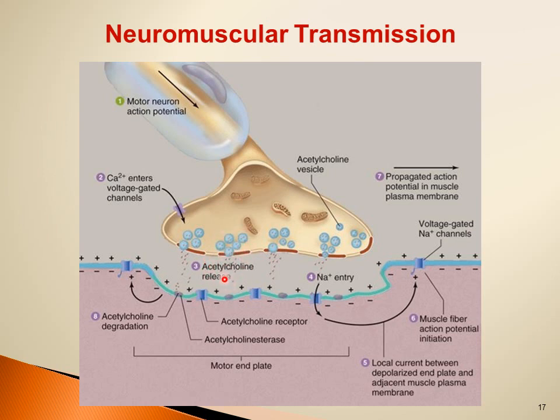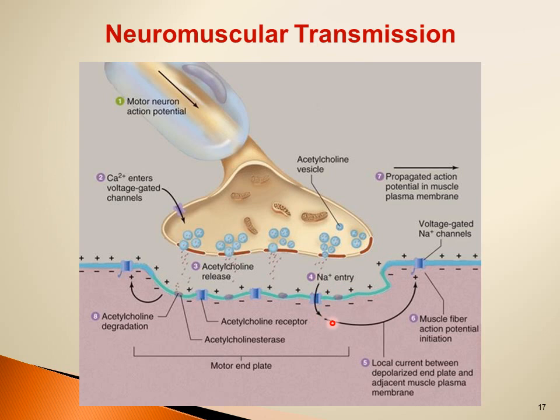The released acetylcholine will bind to the ligand-gated receptors on the postsynaptic membrane or the motor end plate, 2 acetylcholine molecules per receptor. This will open the ligand-gated ion channel, which is permeable mainly to sodium.